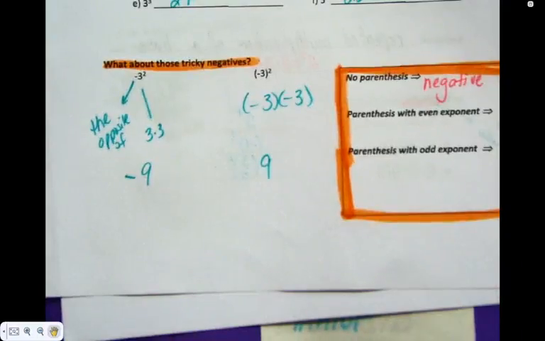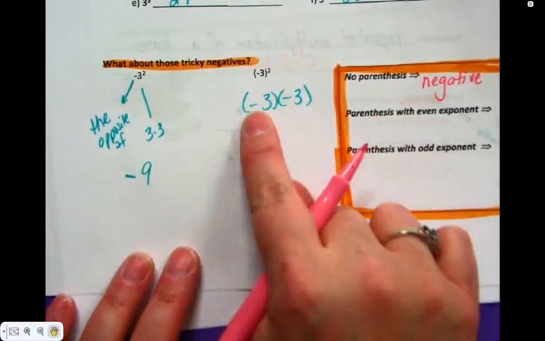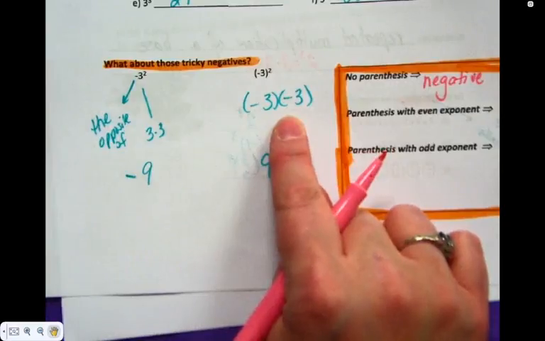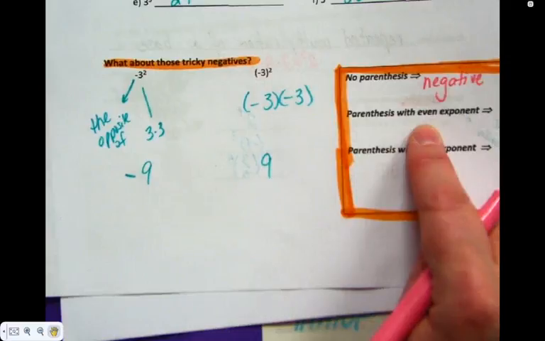If there are parentheses, you just need to know whether the exponent is even or odd. And what's going to happen with an even exponent like this one is the negatives are going to match up. So we're going to have an even amount of negatives, and every two negatives make a positive. So if there's an even exponent, the answer is going to be positive.